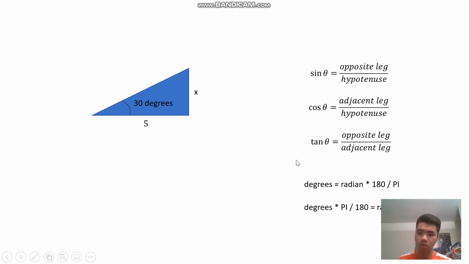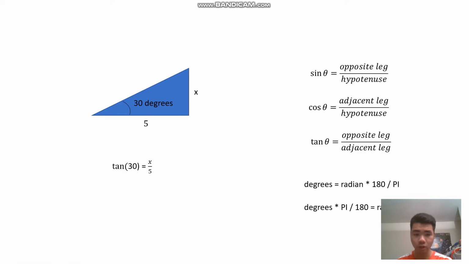So my first step is going to be substituting my values into the variables right over here. So now tangent, the tangent of my angle right here is going to be the opposite leg x divided by the adjacent leg 5. So tangent of 30 degrees equals x over 5. Now I'm going to be working in degrees.